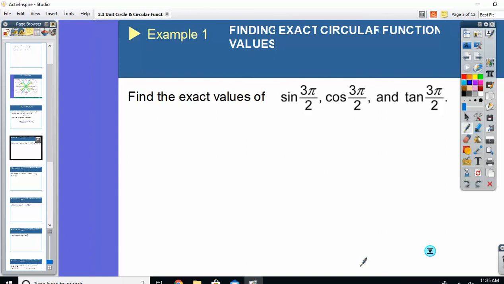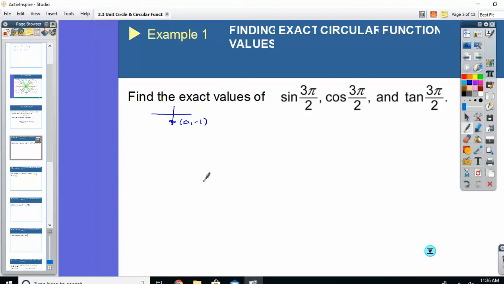So I want to find sine, cosine, and tangent for 3 pi over 2. Without just staring at our circle, let's think through this. 3 pi over 2 is where? Like 270. What is that ordered pair? 0, negative 1. Okay, we have been doing this in terms of x, y, and r, but do we really have to do the dividing by r if we know our r is 1?